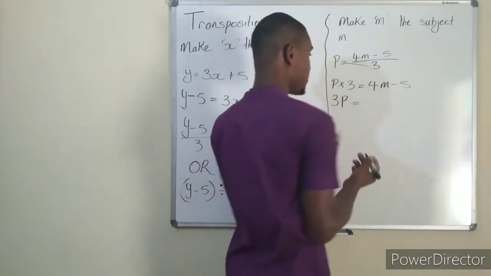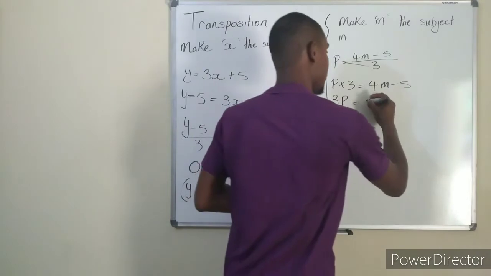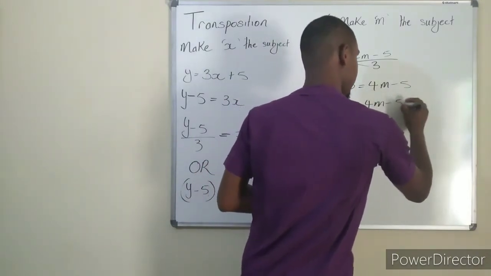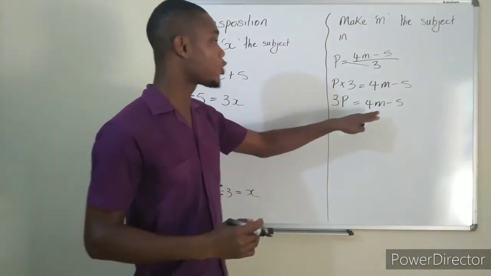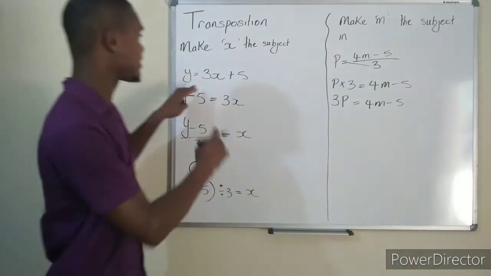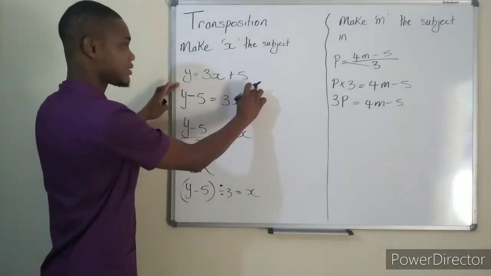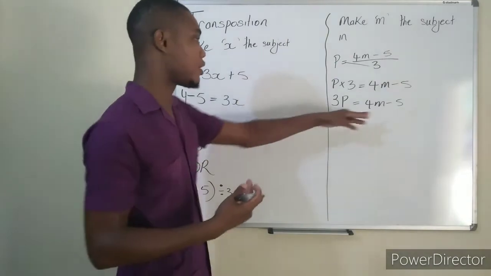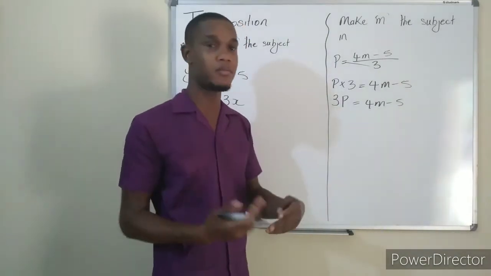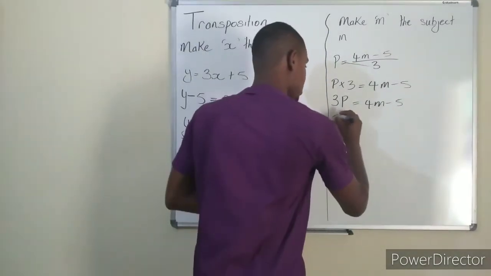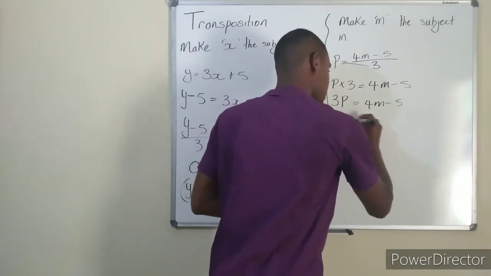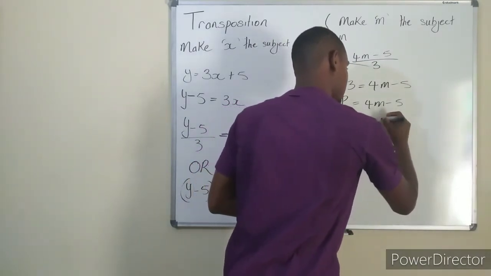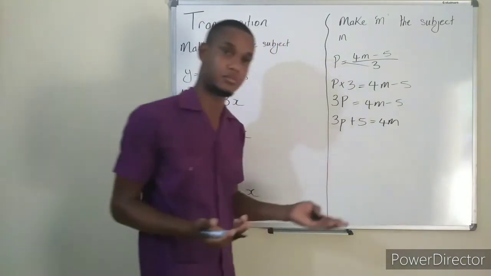So you can say 3p, they're the same thing, equal to 4m minus 5. Now you are going to do the opposite. Because this is subtracting 5 from the 4m, you'll have to add it to the other side. So 3p plus 5 now will be equal to 4m.